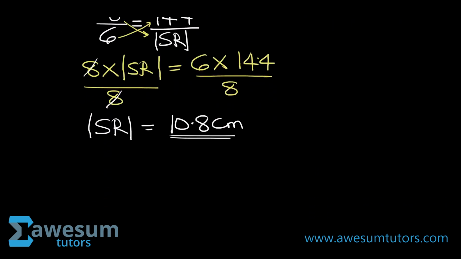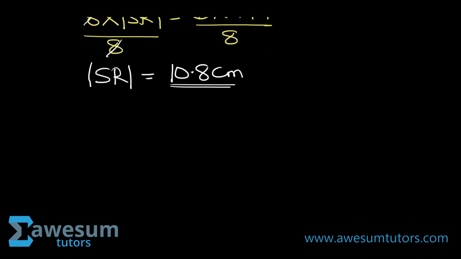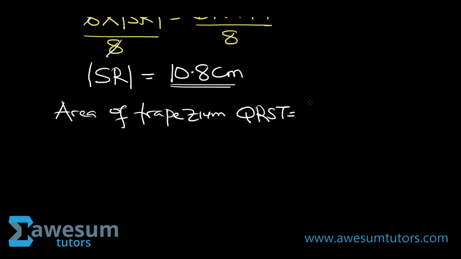So I can come here now and say area of trapezium, or you say quadrilateral QRST, that's going to be equals to half bracket, the two sides that we have are 6 plus 10.8, times the height, which we also got before, 6.4.